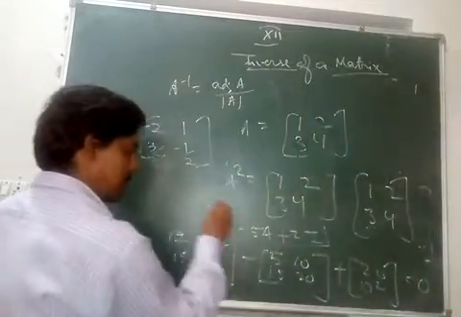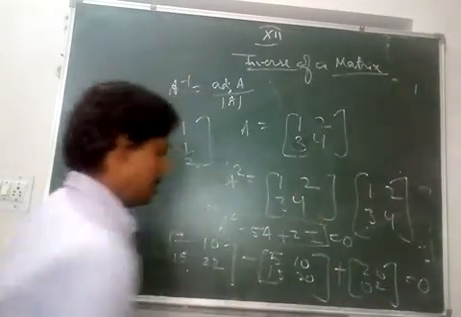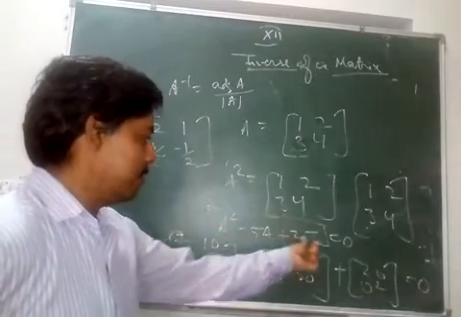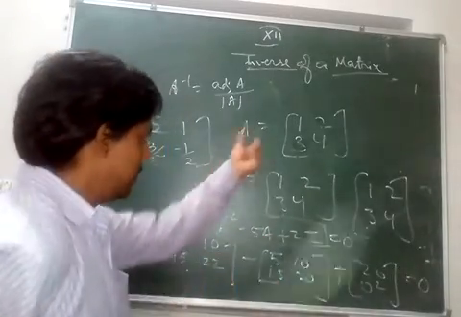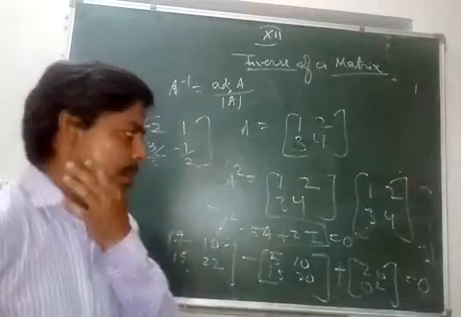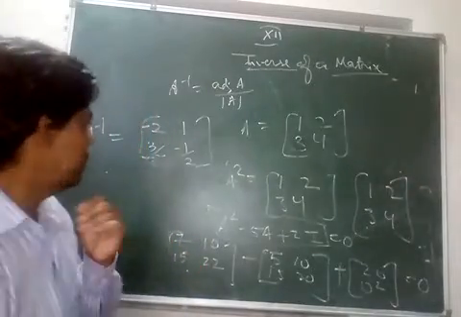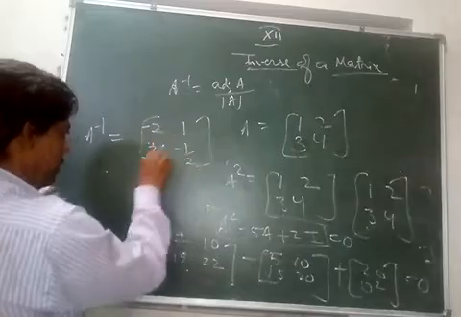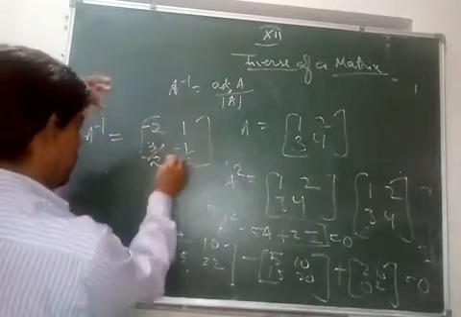So this means that if we have an equation A square minus 5A plus 2I, then this matrix A satisfies this equation. Now see, we have calculated A inverse in this way. We have written A inverse as minus 2, 1, 3 by 2, minus half.